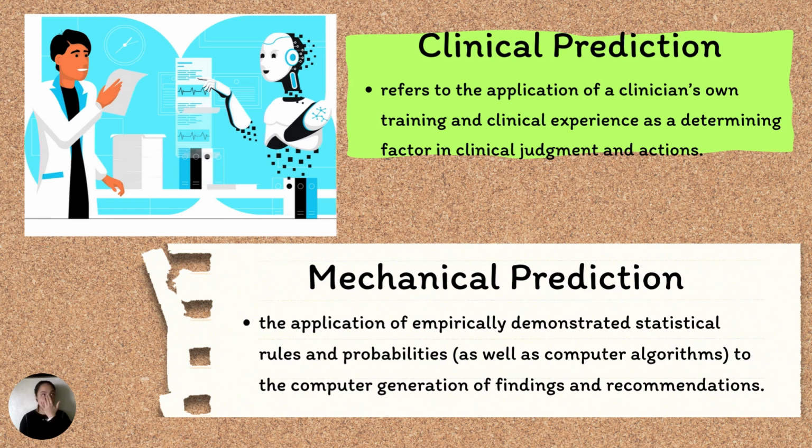Now, in some studies, the two approaches to assessment seem to be about equal in accuracy. However, Grove concluded that the mechanical approach was about 10% more accurate than the clinical approach. The clinical approach fared least well when the predictors included clinical interview data.